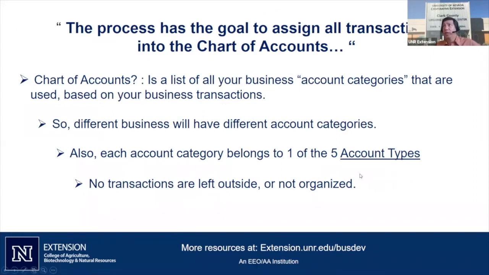Okay, so chart of accounts. The bookkeeping process has the goal to assign all transactions in the chart of accounts. It's the main process where we need to put everything in its place. The chart of accounts is a list of all your business account categories that are used based on your business transactions.